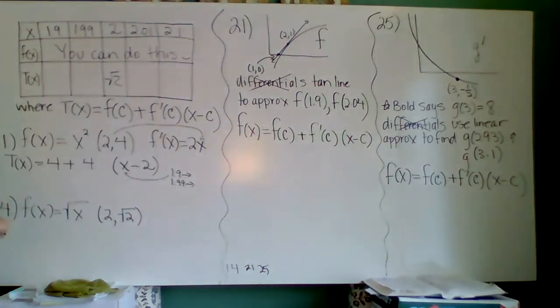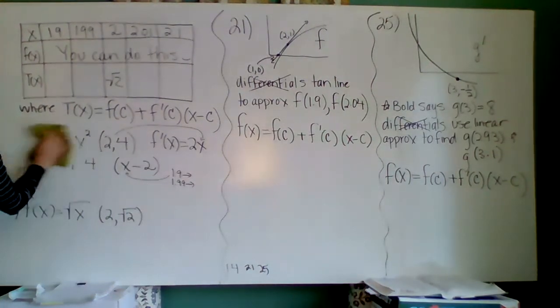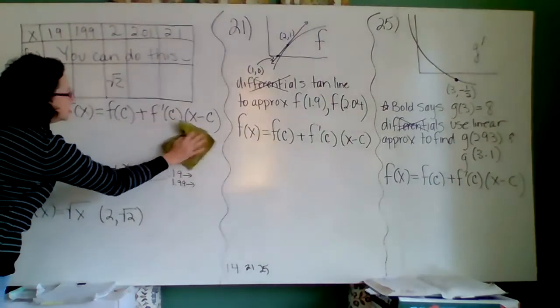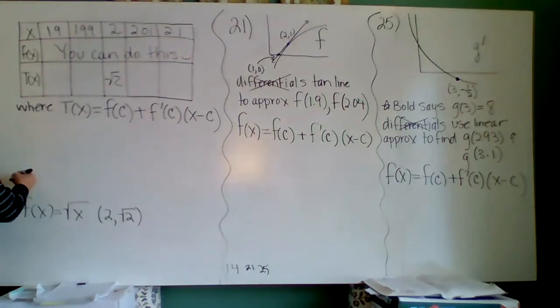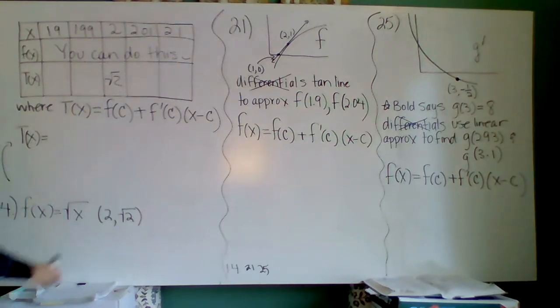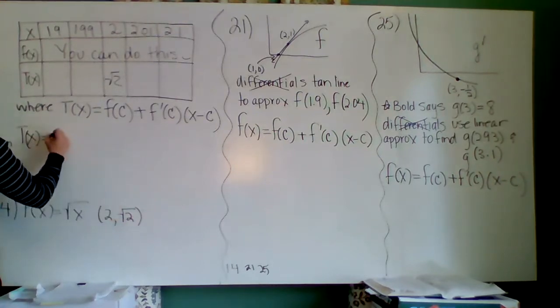Okay, same thing, equation of a tangent line. So let me, I don't want this to distract you. There we go. The equation of the tangent line then would be, I'm going to put in the point 2, square root of 2, right?